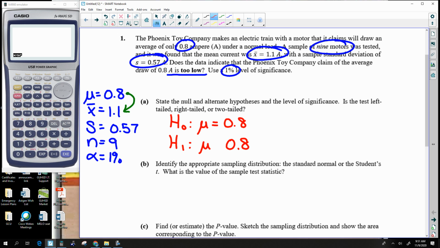I think it's actually going to turn into 1.1, so I think the average is actually bigger than 0.8. Currently the guesstimation is too low; I think it should be bigger. All right, so alpha is 1%, and this is a right tail.